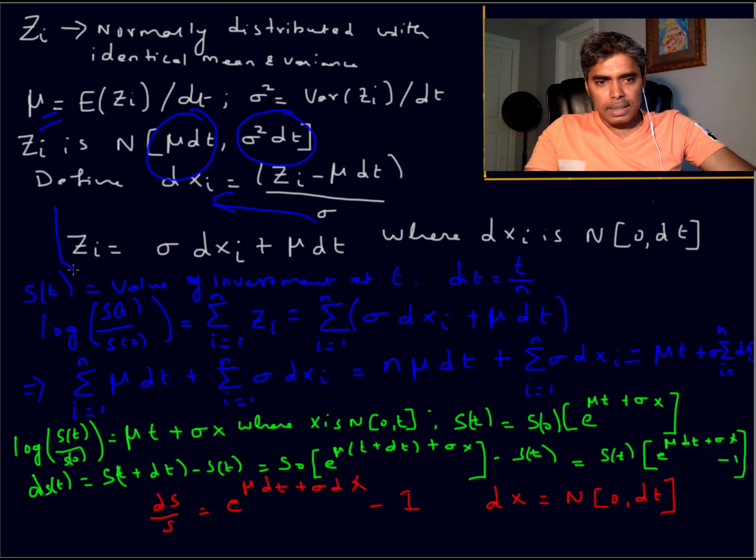So that is basically zi, and in the previous section we said log of s of t over s of 0 is equal to the summation of i from 1 to n of zi. Let's say s of t is the value of investment at time t, and dt is equal to t by n.